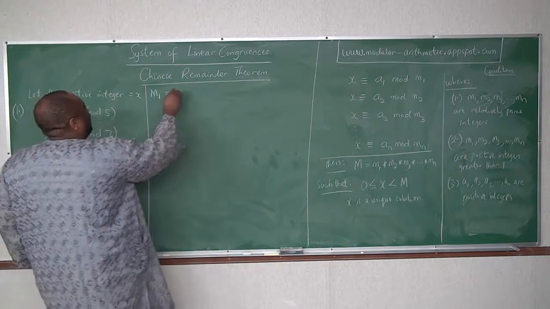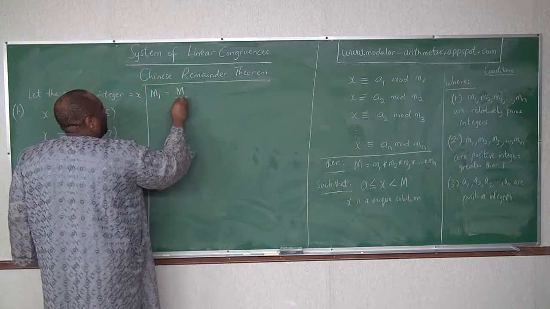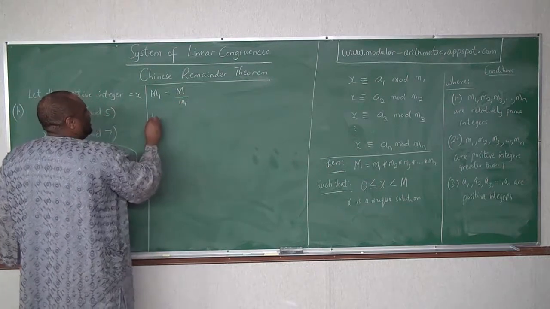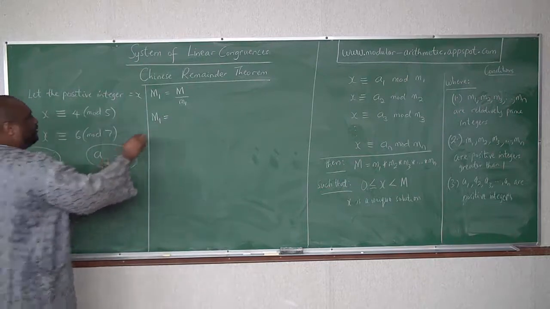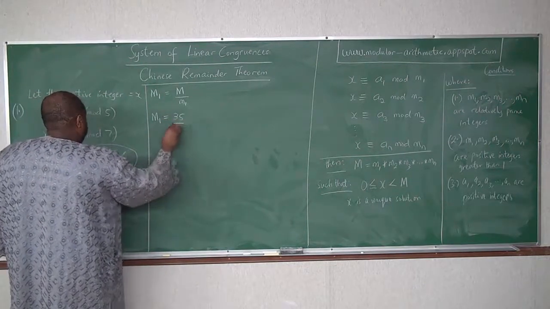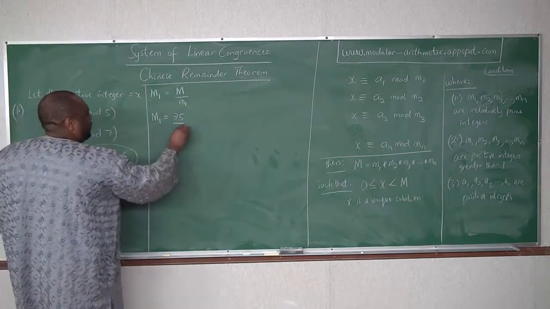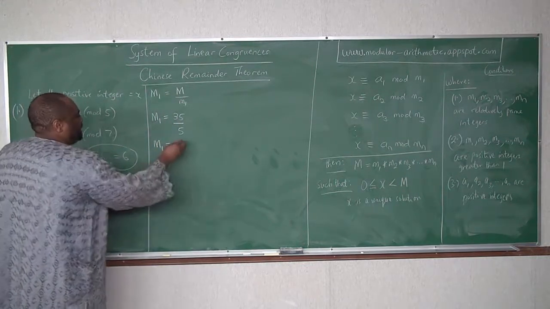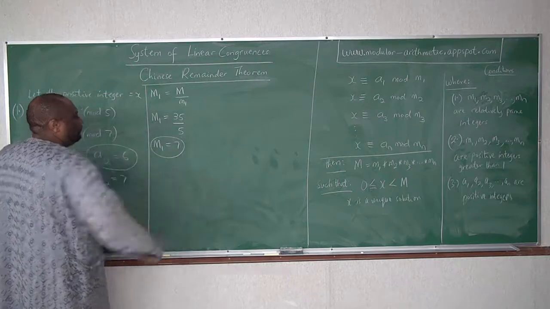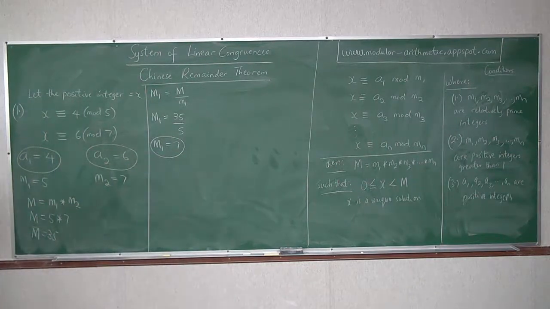So this uppercase M1 is big M over lowercase M1. So this uppercase M1 would be 35 divided by 5. So this uppercase M1 is 7. I will use it, so I circle it. I am circling everything I'm going to use to find my answer.